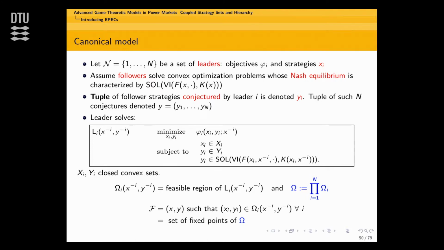Remember what omega is? Omega is the counterpart of what I had in the generalized Nash game.